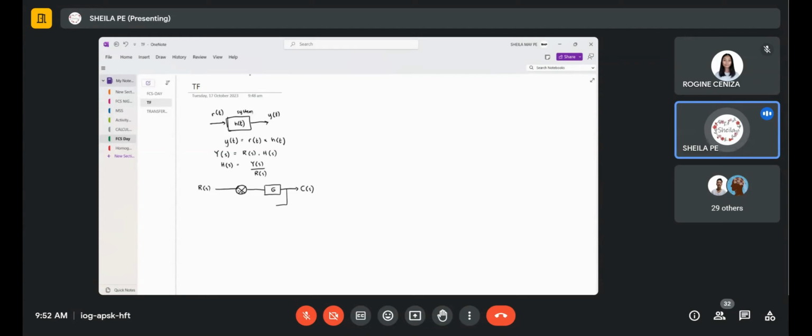Then we have a feedback H, okay, a closed loop has a feedback and back to our summing junction.